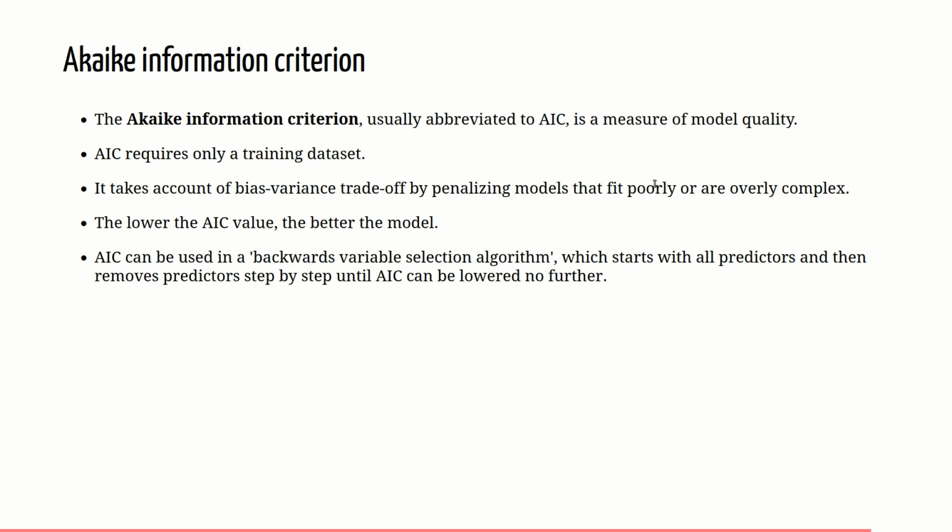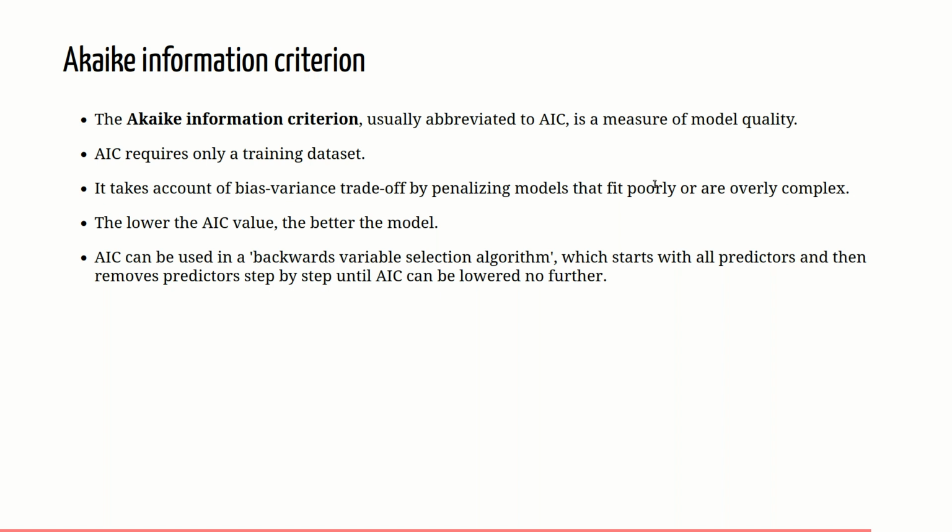AIC is basically a measure of model quality in that it trades off the concept of model fit with model complexity. So simple models that fit well are favoured over more complex models that only fit a little bit better.